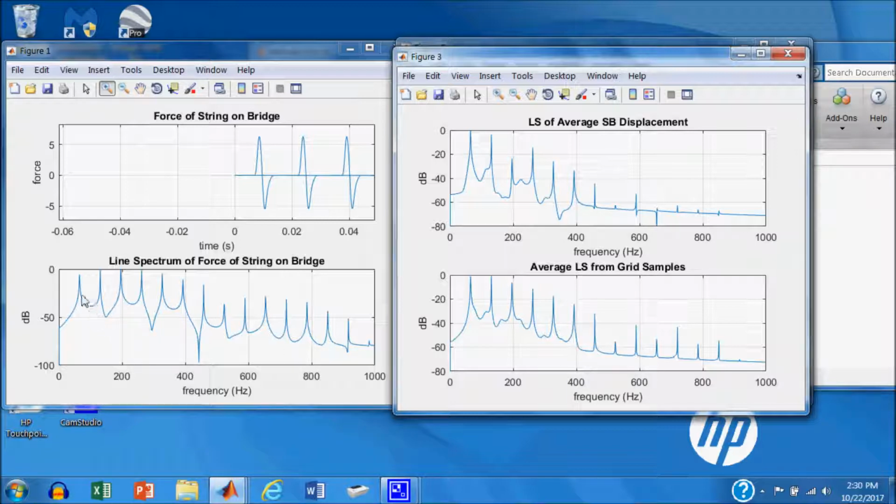For example, here we have 1, 2, 3, 4, 5, 6, 7. The 8th component here is a little bit attenuated compared to the previous 7, probably because that's where the string was struck, 1/8 of its speaking length. And there's a similar thing over here, 1, 2, 3, 4, 5, 6, 7, 8. Okay. So the soundboard is somewhat of a low-pass filter compared to the bridge.